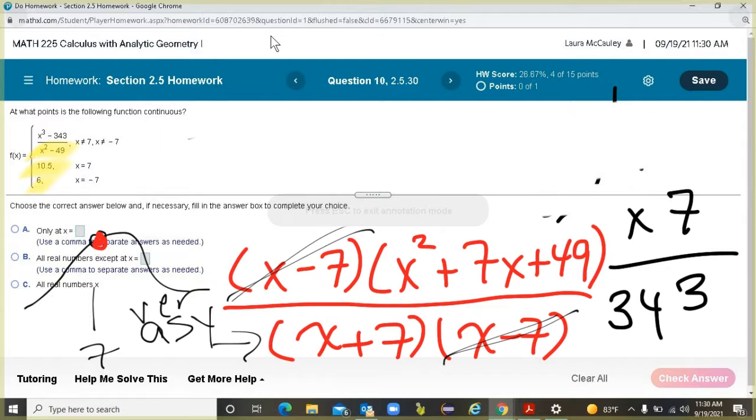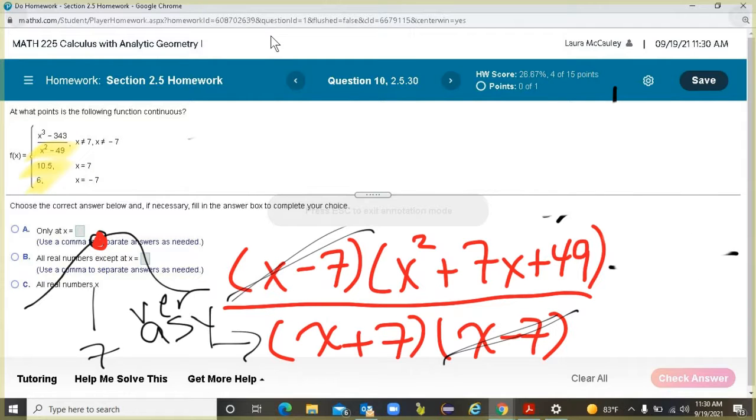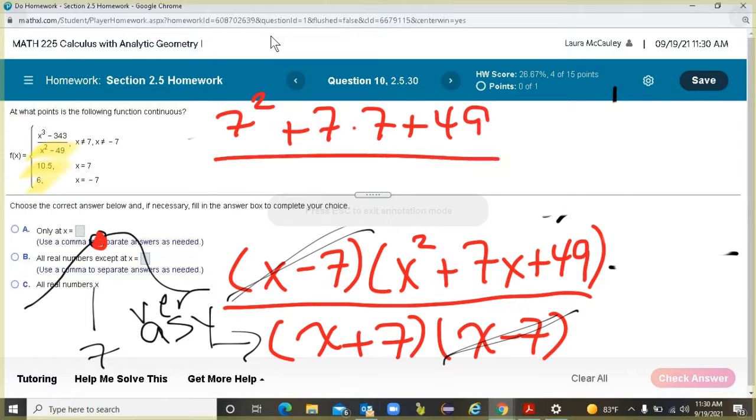Okay, so if you look at the function we have right now, and plug a 7 into it, so we'd have 7 squared plus 7 times 7 plus 49 divided by 7 plus 7. All right, so this is going to be 49 and 49, which is 98.